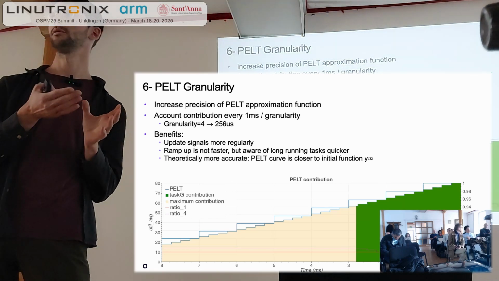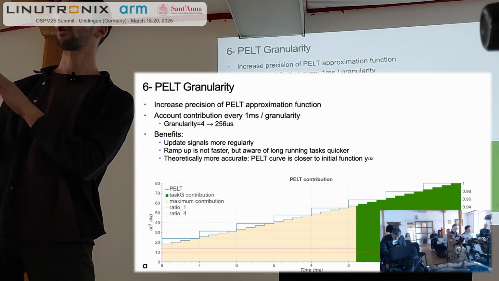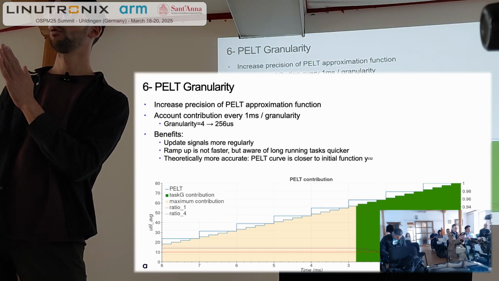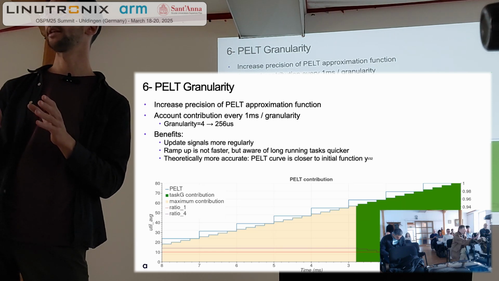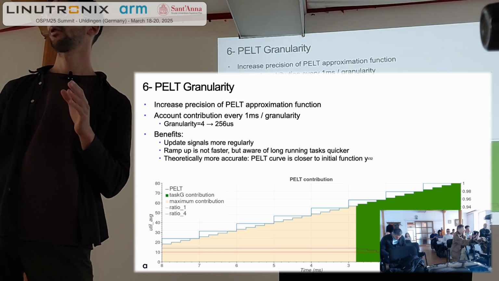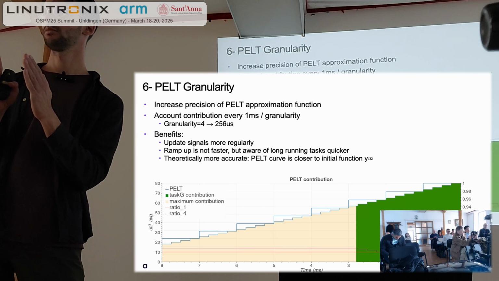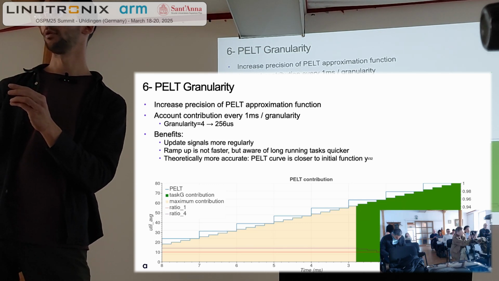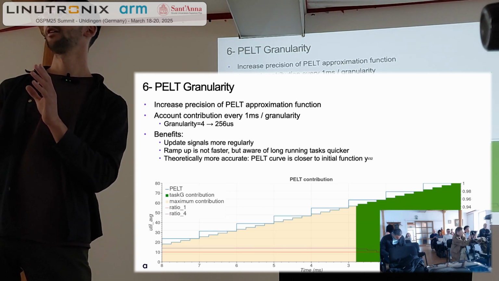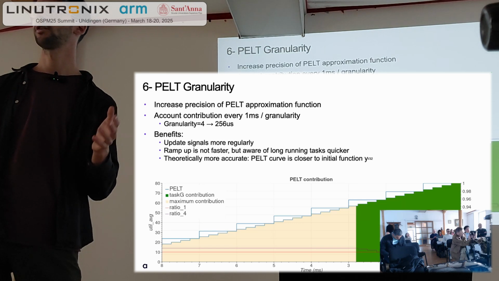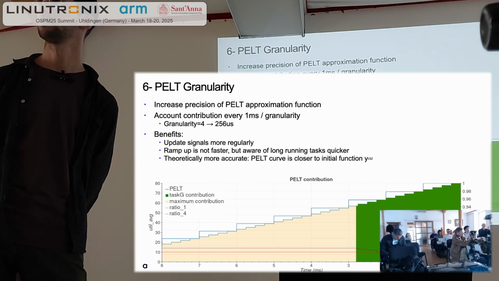I think Dietmar is talking about the fact that the wall clock time can be longer, you are going to wait longer because you are scaling the contribution with the CPU capacity. So if the task runs on a small CPU, it will take a short time. Yeah, but then we are speaking about two things.